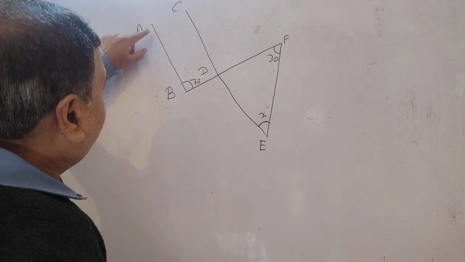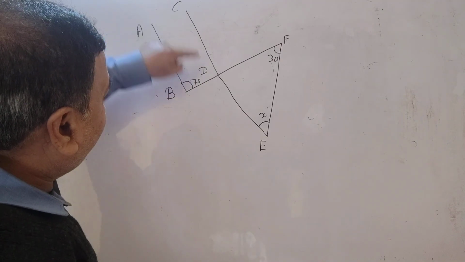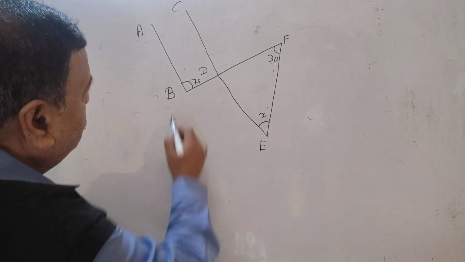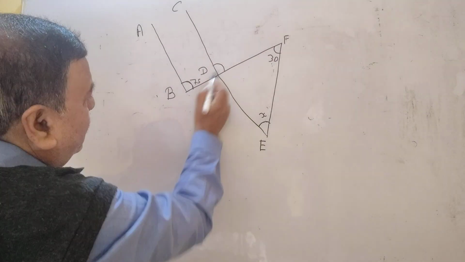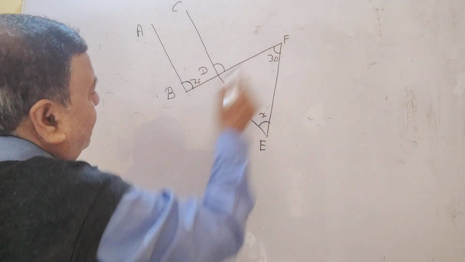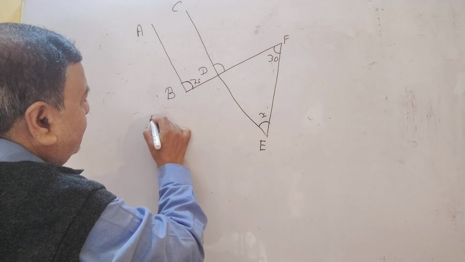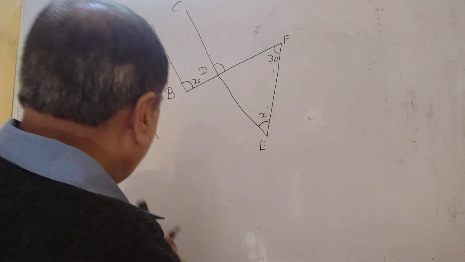See, very easy. Concentrate on these two lines. AB and CD are parallel. So this angle and this angle will be corresponding angles. So angle CDF, let me write it, it's not visible.